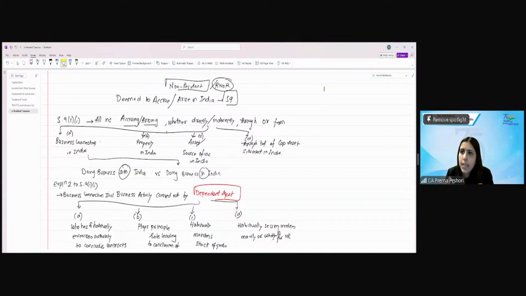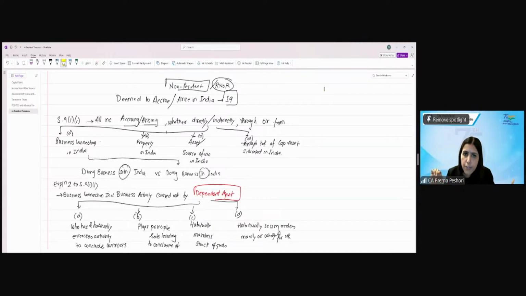I should be carrying out the organized, routine business activities in India, and I should be generating the income from that. I should be doing the business in India to earn that income. Yes or no? That is the meaning of the term business connection.